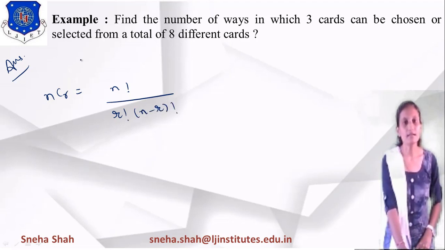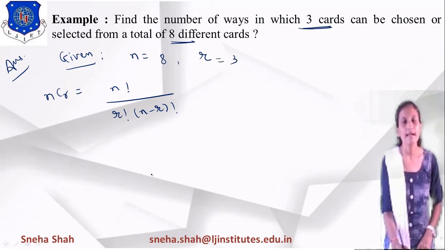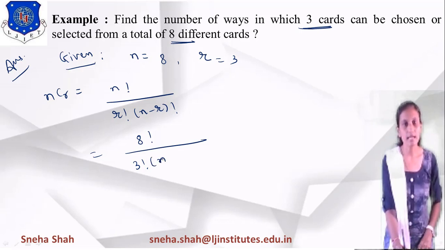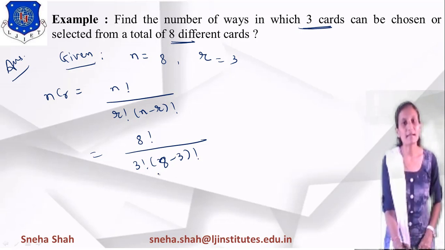First of all, we have to define the values of N and R. Here, the value of N, the total number of cards, equals 8, and the value of R, the number of cards we are selecting, equals 3. Putting these two values in the equation, we get 8 factorial upon 3 factorial into 8 minus 3 factorial.